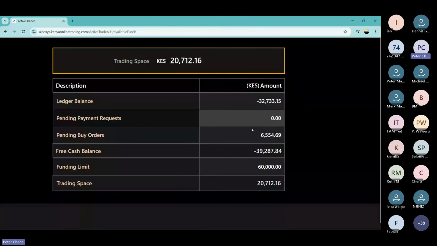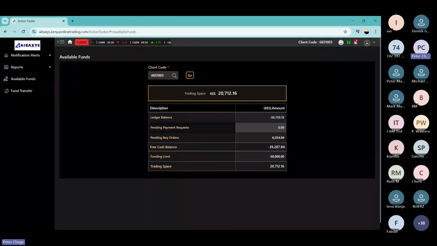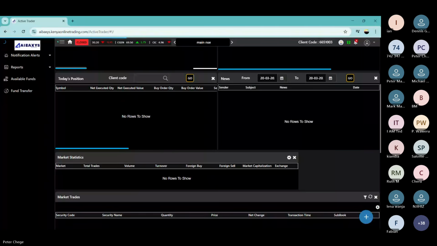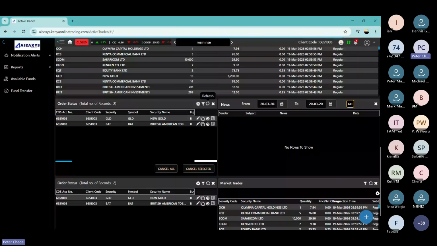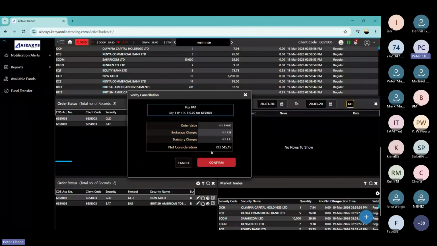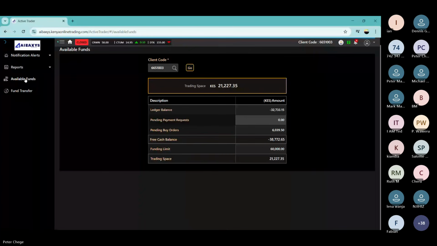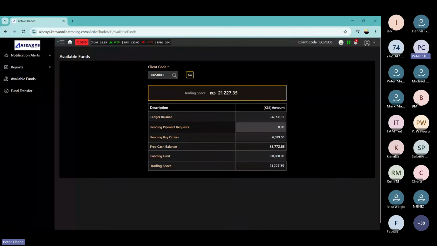Now, what happens if I cancel that order? Let's cancel the same order. It is here, that screen, order status. Refresh. Get the BAT, cancel buy order, cancel. I have cancelled the order. If we go to available funds again, it is still there. I need to refresh. Let me refresh. There must be another order.